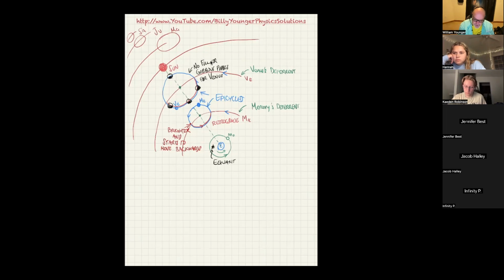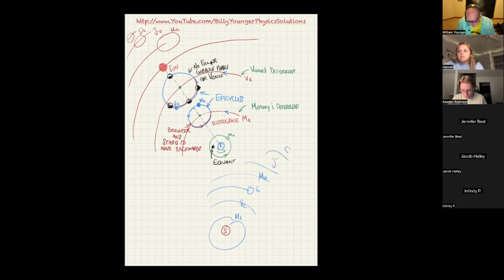And of course, the model that Copernicus comes up with is basically the sun like this, and then Mercury, and then Venus, and then Earth. Oh, and Mars. Sorry about that. I wrote J. Mars and Jupiter and Saturn, and then the Earth had the little moon going around it as well.